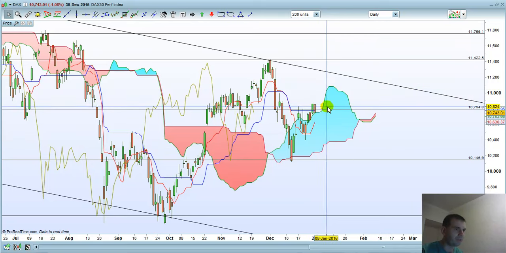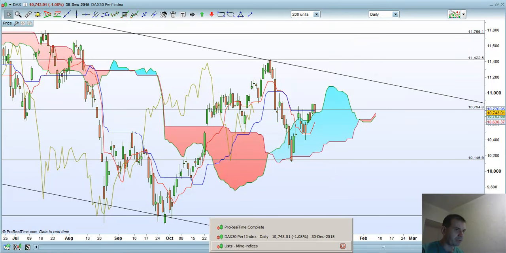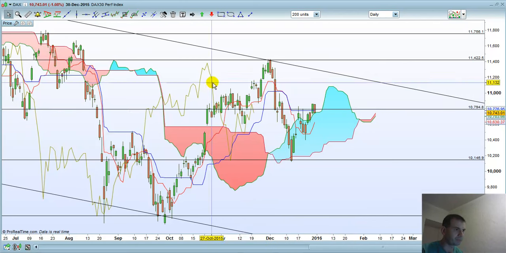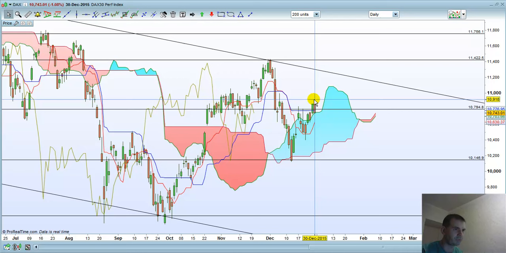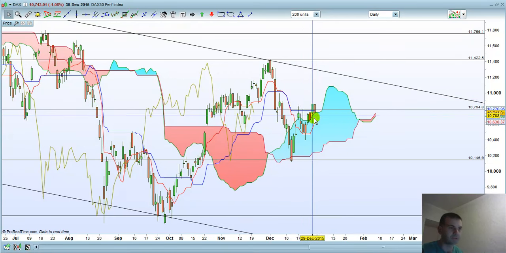So I wait a little bit sideways movement, consolidation of the price, and then perhaps there can be declining. Okay. So you can see here the situation, and can also take your own decisions.